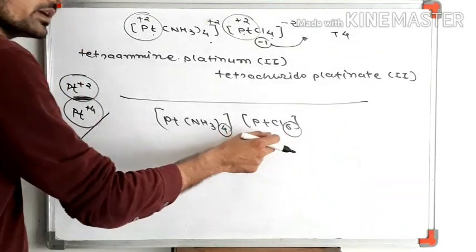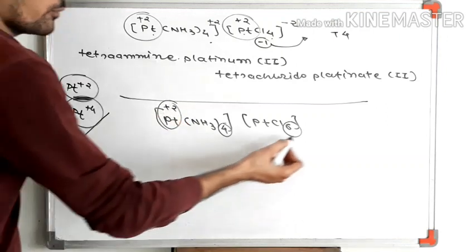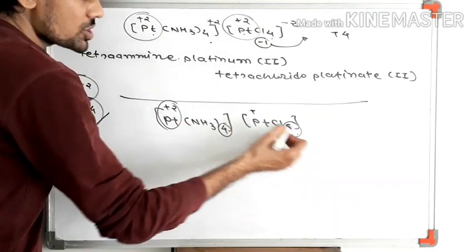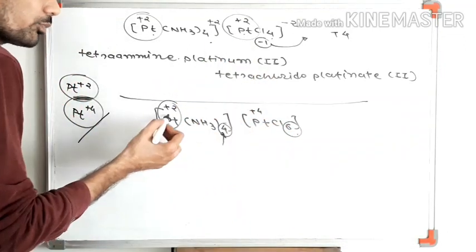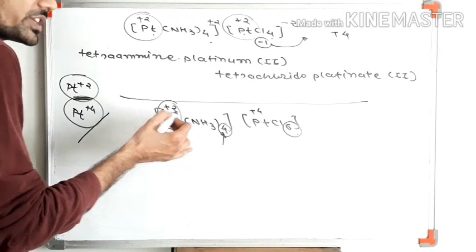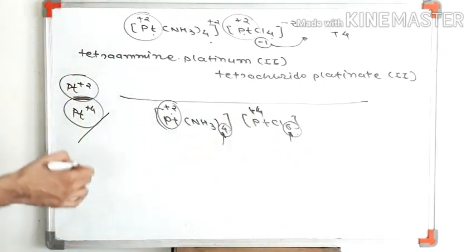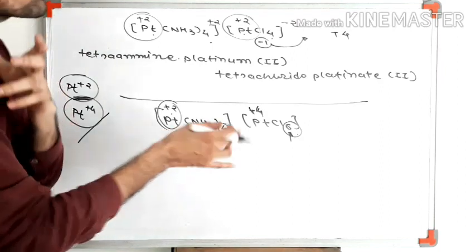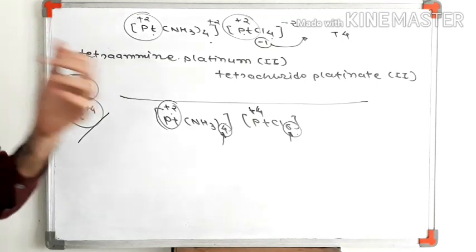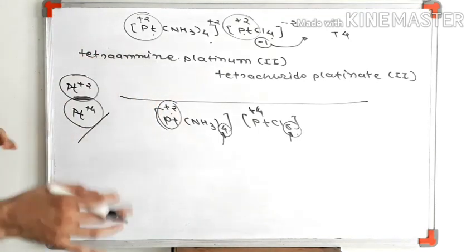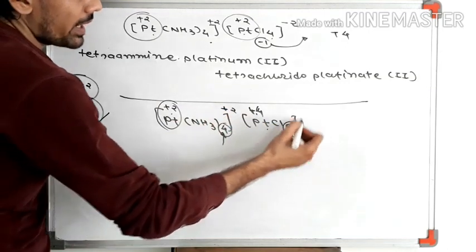So platinum from the low coordination number possesses the low oxidation state, plus 2, and from the higher coordination number it possesses the higher oxidation state. These are the basic rules for platinum mainly. Otherwise you have to calculate the oxidation number of the different metal ions. Let's see: plus 2, 0, plus 2, plus 4, minus 6, minus 2.